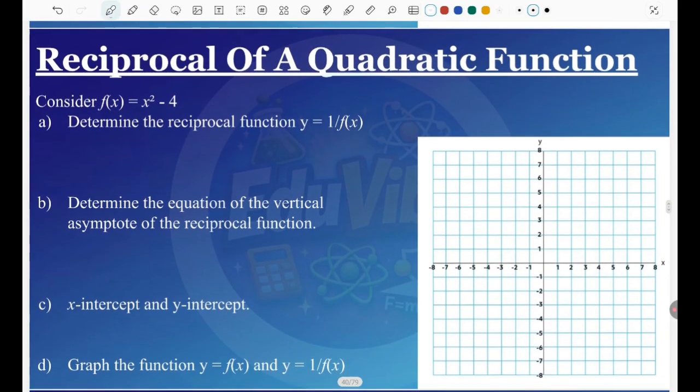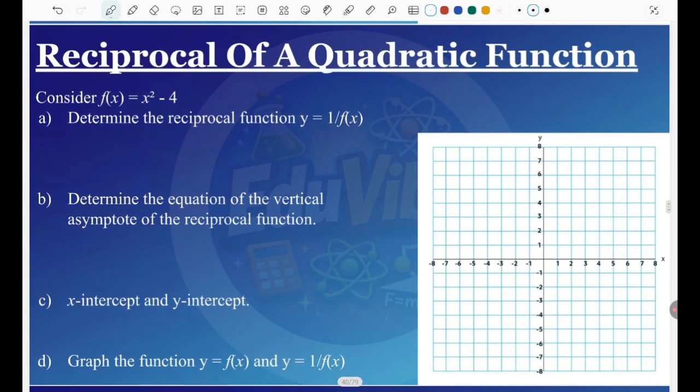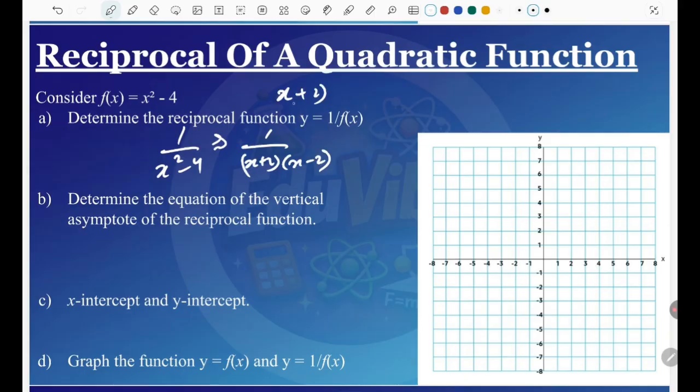Let's move on to the quadratic function. State the reciprocal function of this, which is 1 by x square minus 4. When we tabulate this, it is x plus 2 and x minus 2, and when you make this equal to 0, you get your asymptotes, which are the vertical asymptotes in that case.